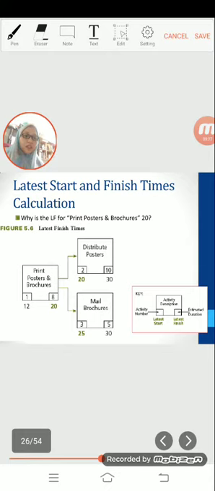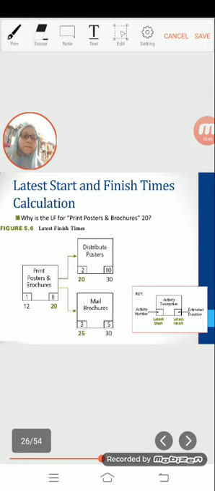So the earliest of these two LS is day 20. Therefore, the latest that print poster and brochure can finish is day 20 so that distribute poster can start by day 20.